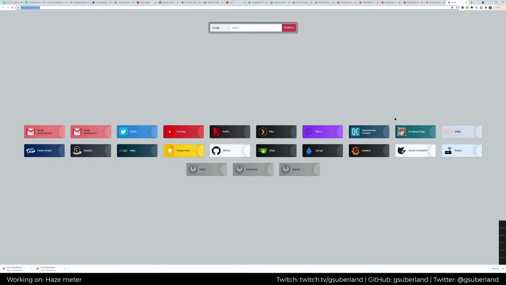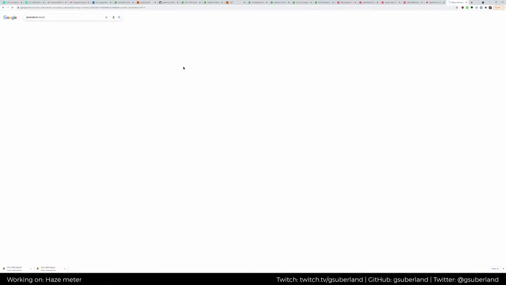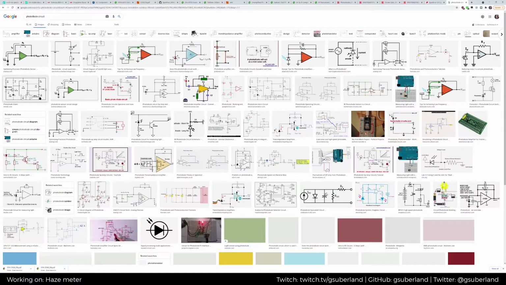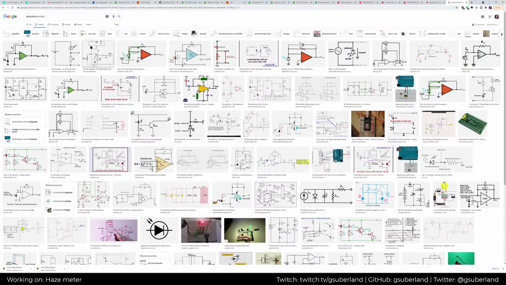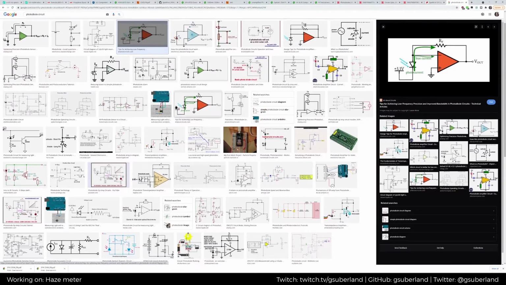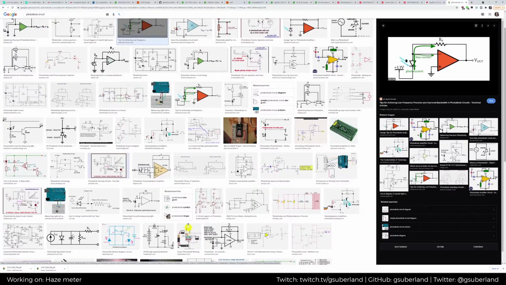Let's find out. Photodiode. Photodiode circuit. Right. I know you can bias it as well. Yeah, this looks about right. I know you're biasing it with a small amount of current, although that's weird.